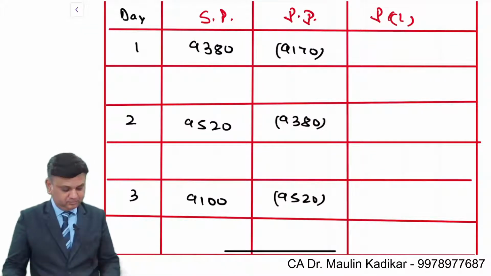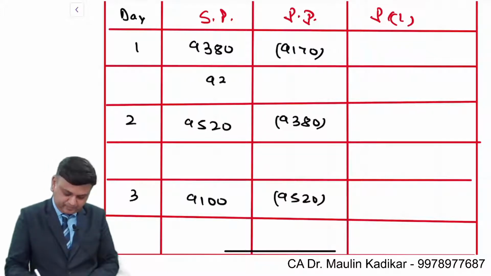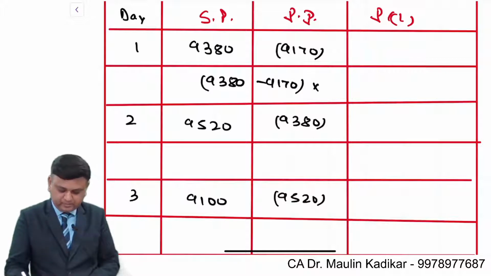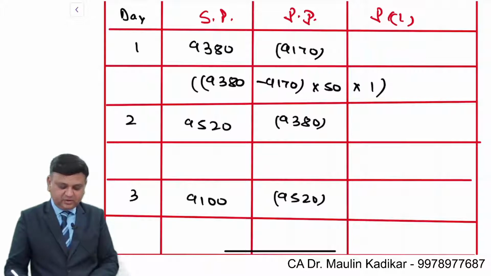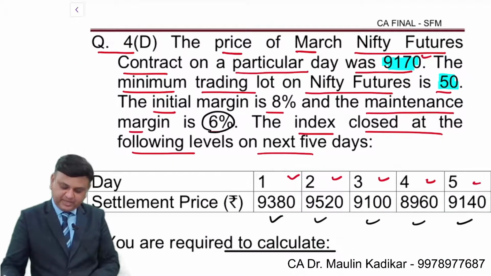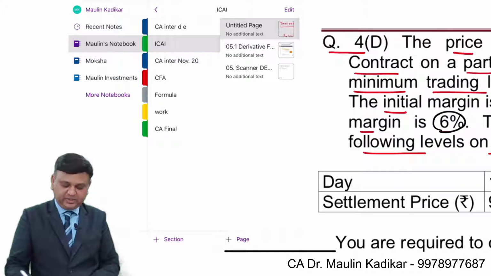So it is 9380 minus 9170, 210 into 50, into 1, as we assume that one contract is entered upon and lot size is provided over here, 50.